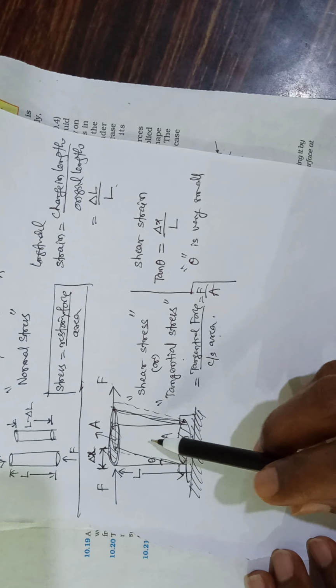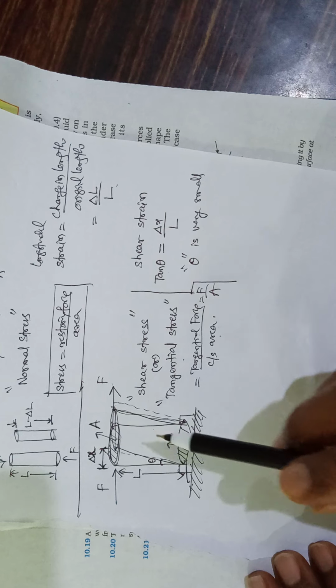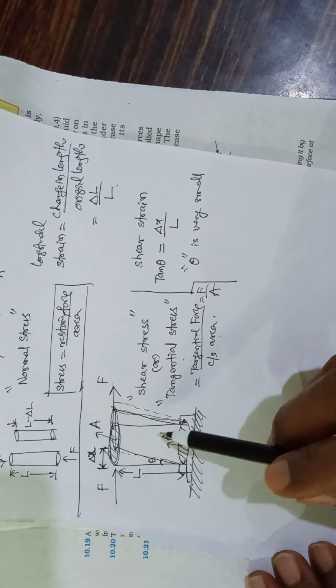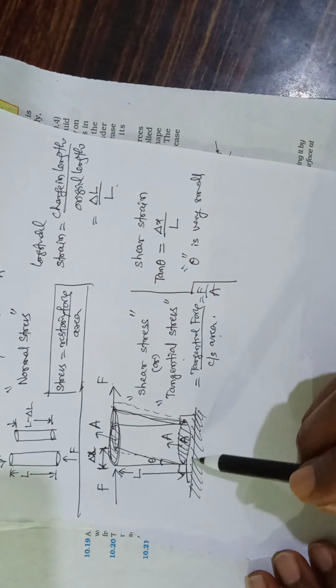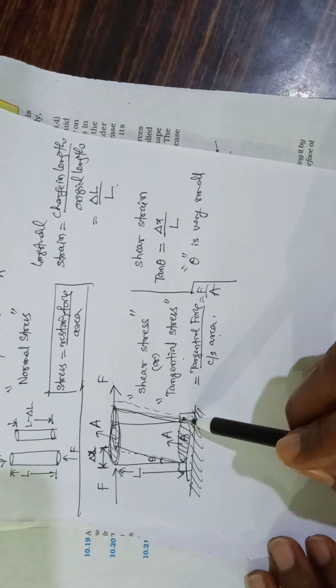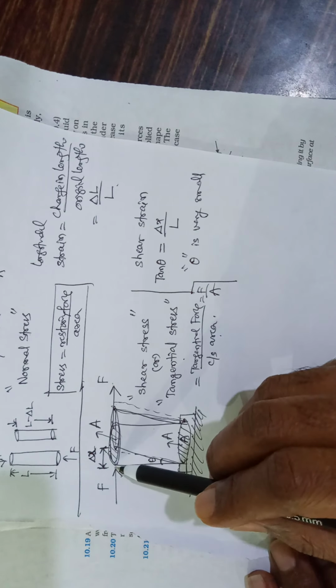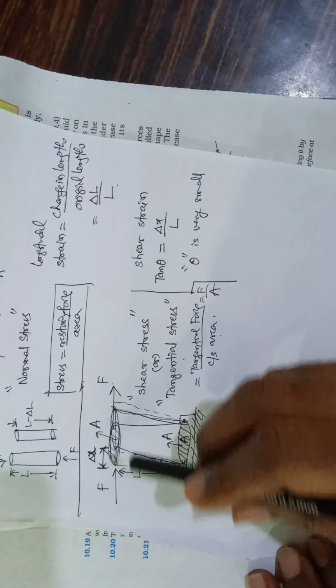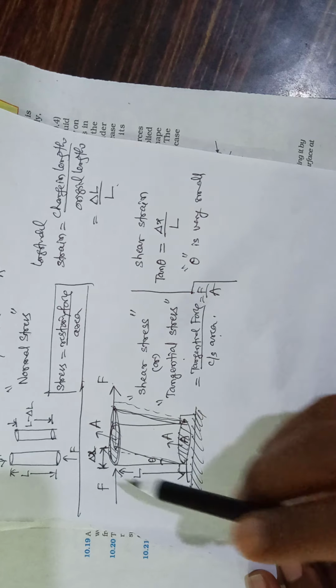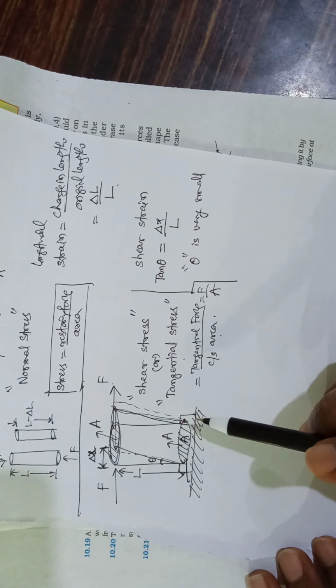Suppose this is a copper or steel cylinder. The upper face is not displaced by this much amount compared to the lower face. Just in the figure we have shown it to understand, but the displacement will be very small.